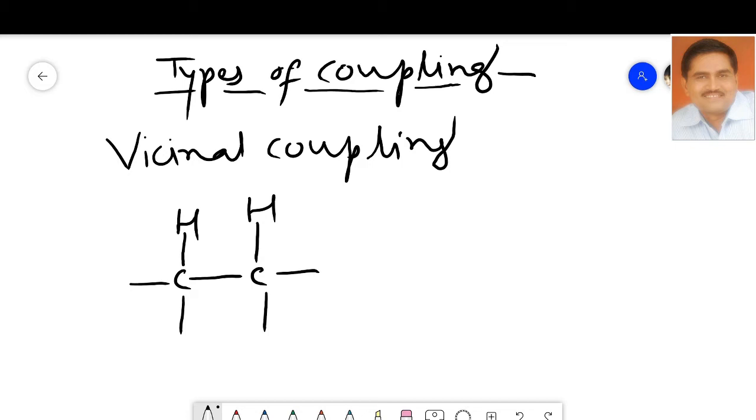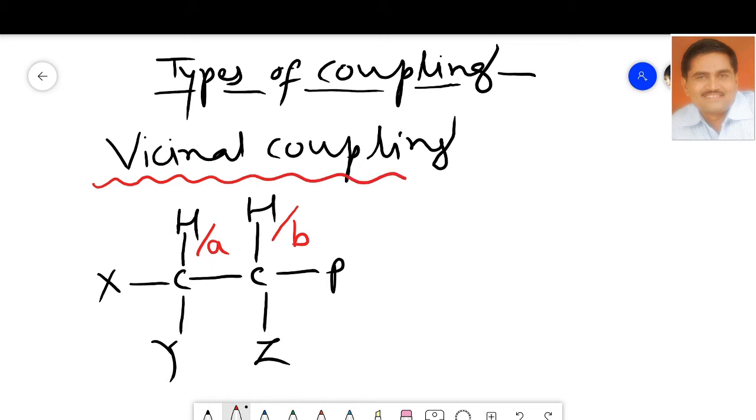Suppose here different groups are attached, so in this structure one hydrogen shows a different signal and another hydrogen shows a different signal because they are not chemically equivalent, and hence they show different signals. Now the coupling between these protons is called vicinal coupling.